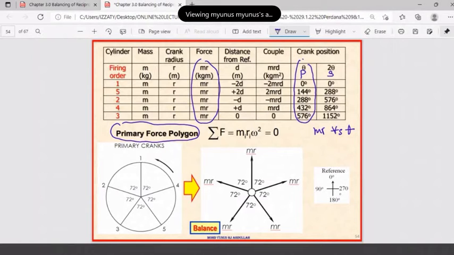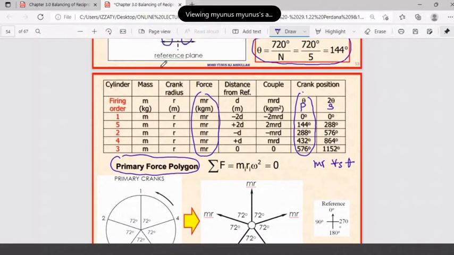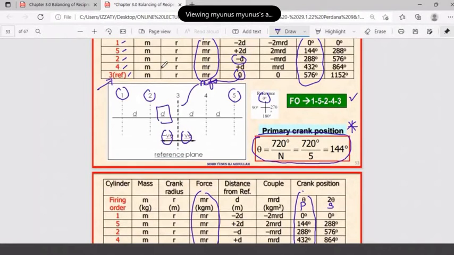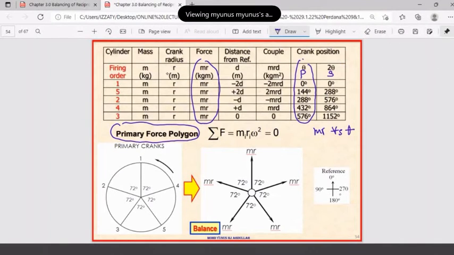Okay, look at the firing order just now. What is the firing order? It is 1 5 2 4 3. Look at 1 and 5, it is 144, isn't it? You have 360 divided by 5, you have 72.